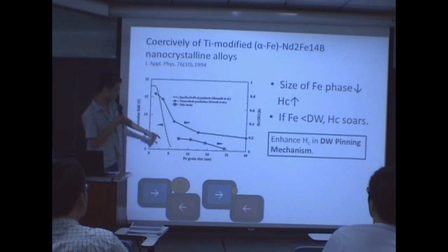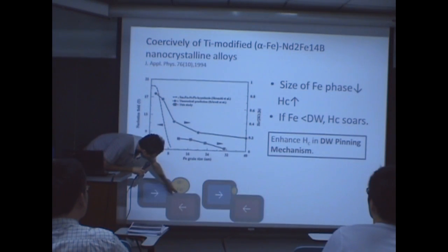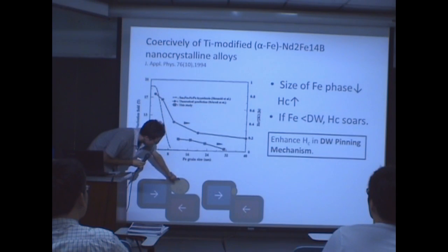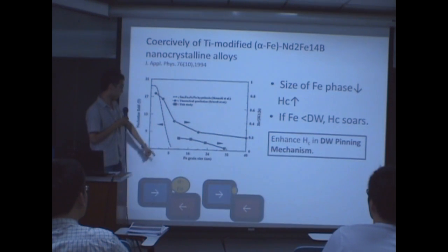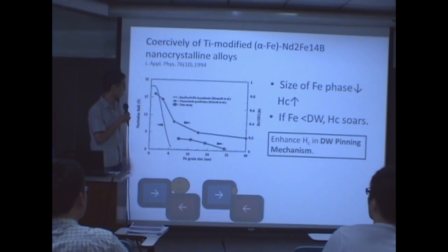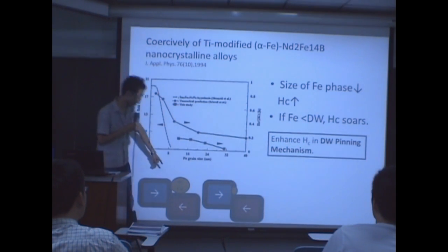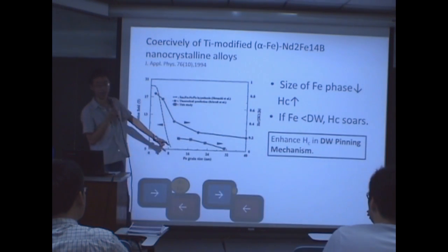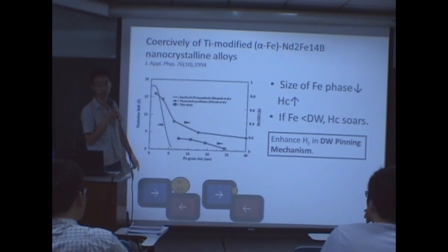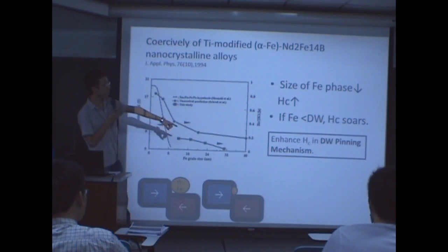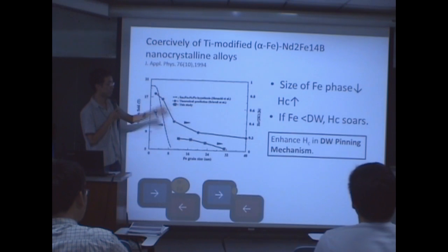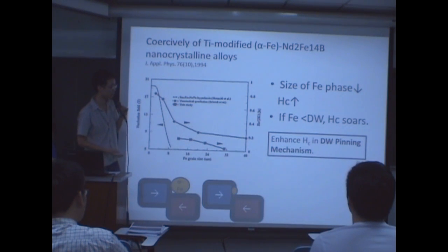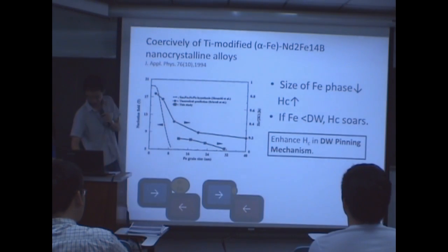You can see as we make our soft magnet smaller, we will have higher coercivity. And when it reaches the size of the domain wall width of the hard magnet, it will have a strong pinning effect on the domain wall. So it is a way of increasing coercivity in the domain wall pinning mechanism.